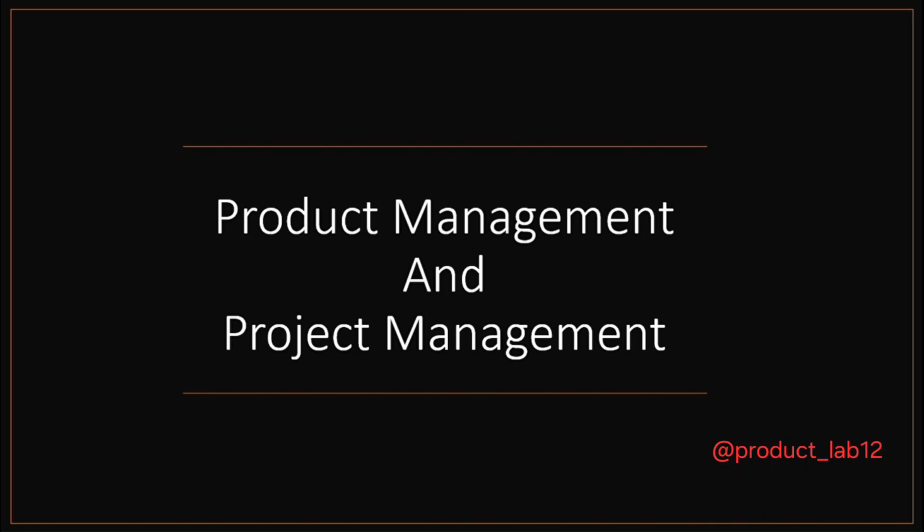Product management is about developing a product that will be used by millions of people, and those people are all different from each other. But project management is about overseeing and approving plans and executing them for a single project. That's exactly what project management is about.